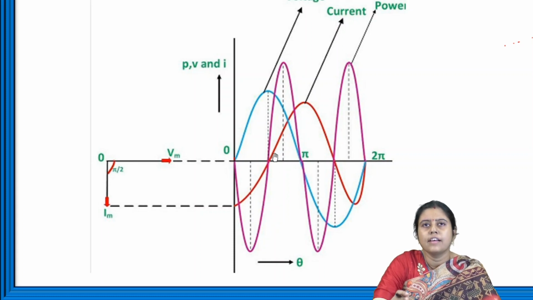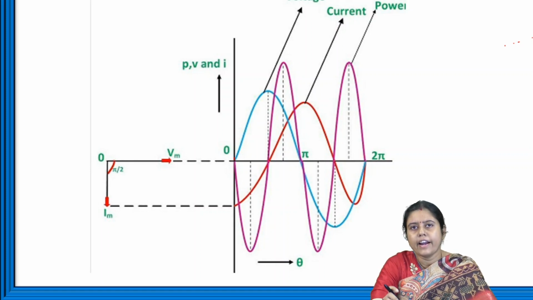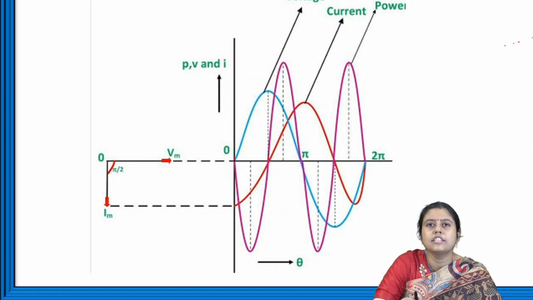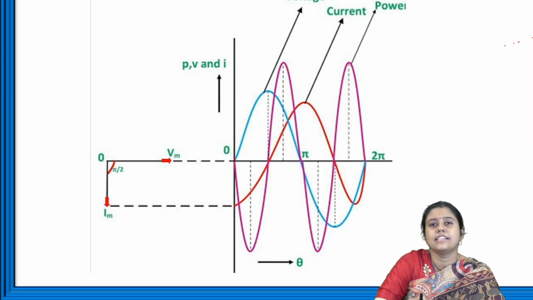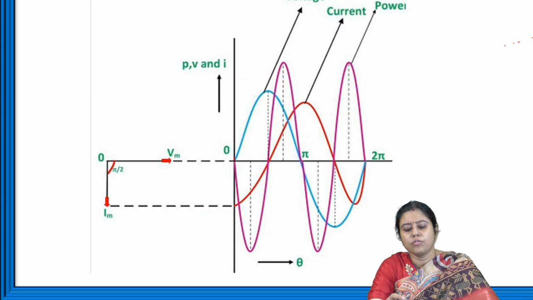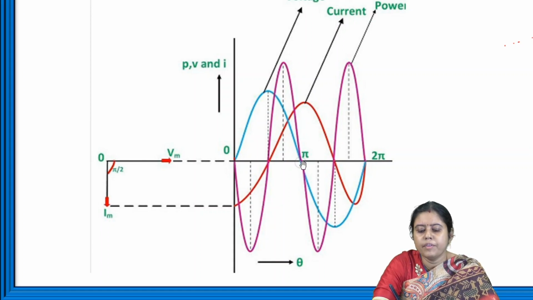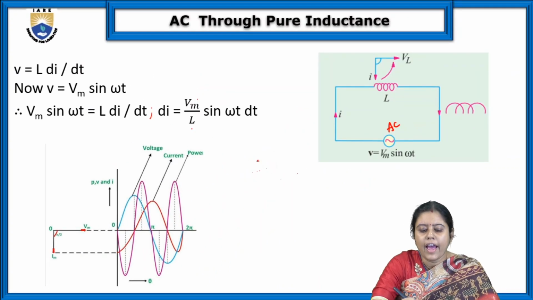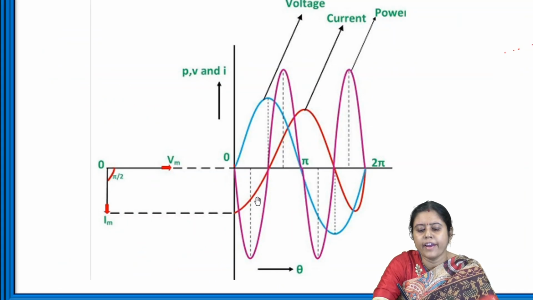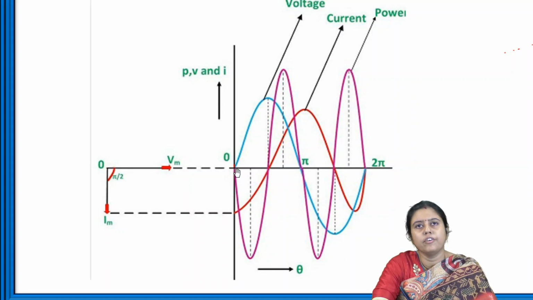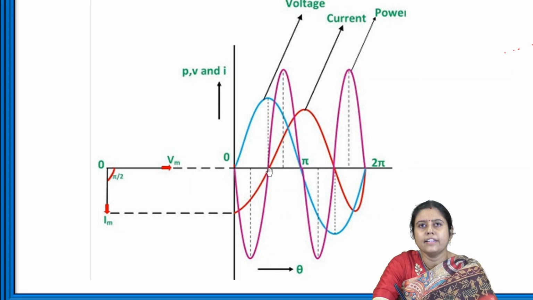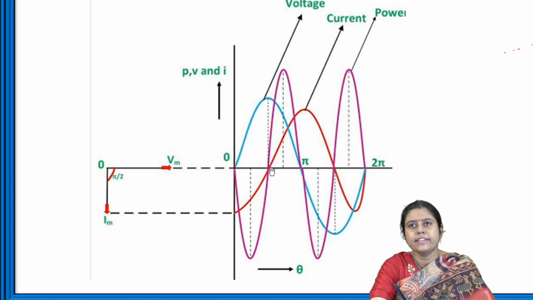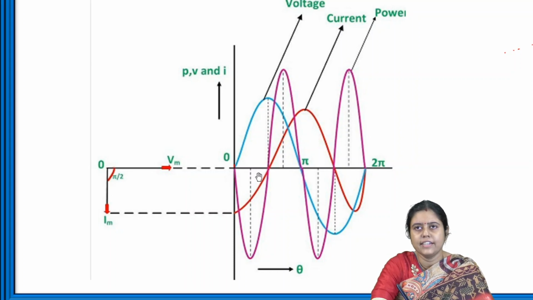In a pure inductor, the current always lags the voltage by 90 degrees. If this is pi, meaning 180 degrees, the midpoint is 90 degrees. At 90 degrees, the current will be zero. So the voltage is 0 at 0 degrees, but the current is 0 at 90 degrees. So we can tell that the current is lagging by 90 degrees.